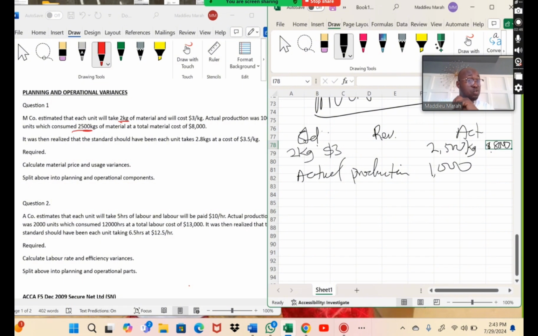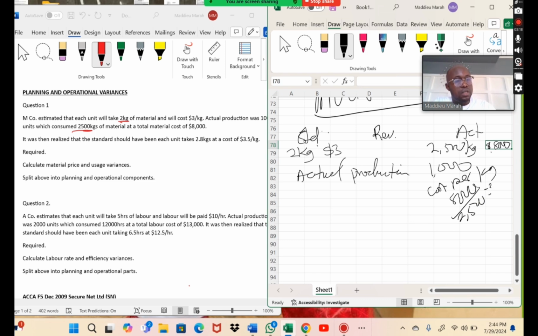So what is our cost per material? The 2,500 kg cost us $8,000. How much did 1 kg cost us? The cost per kg would be 8,000 divided by 2,500.